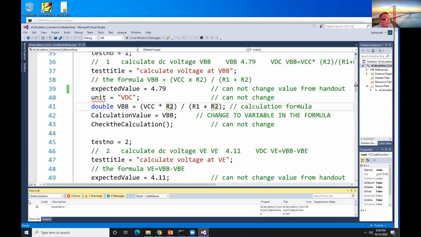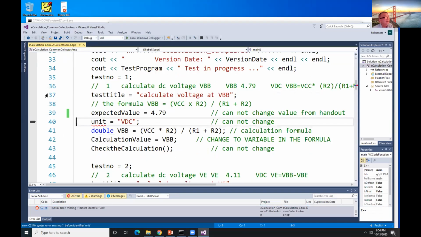Okay, now they get an error. Okay, now you move to the red one, double click. They show you're doing something wrong in here. Okay, you see the error right here.